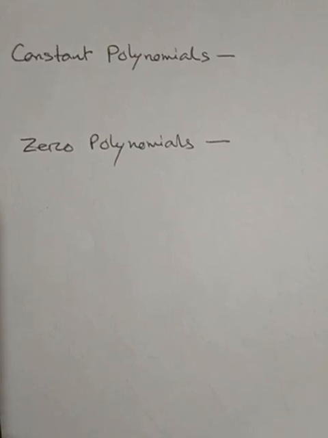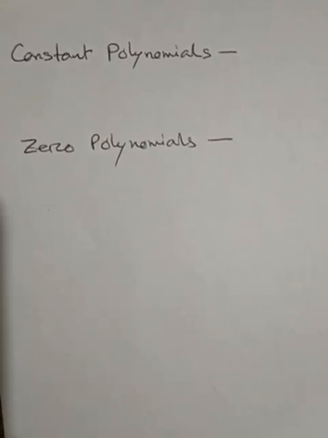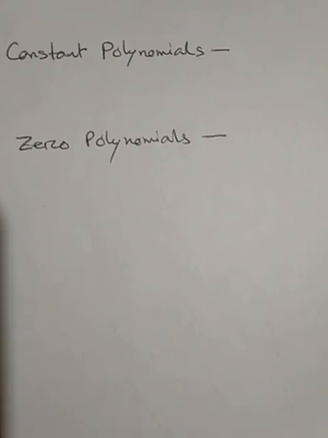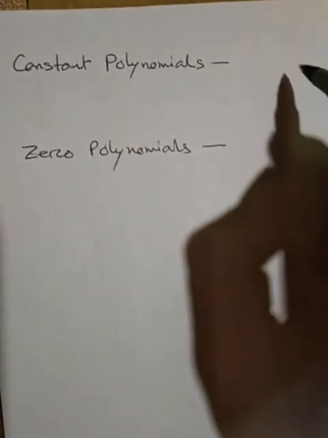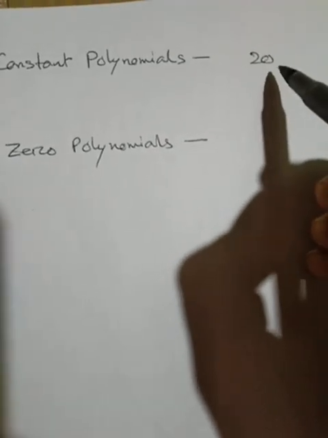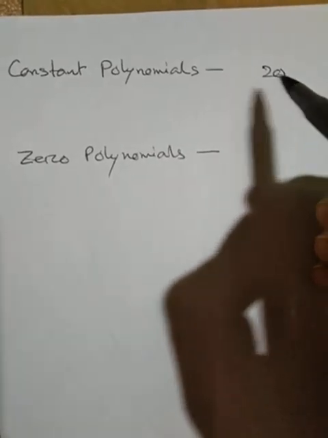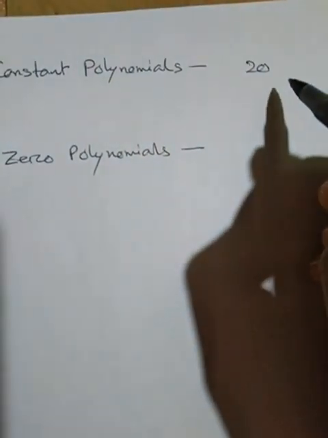Apart from this, if there are only numbers, then those are constant polynomials. Say for example 20. This is a constant number, but it can also be a polynomial and we call it a constant polynomial.